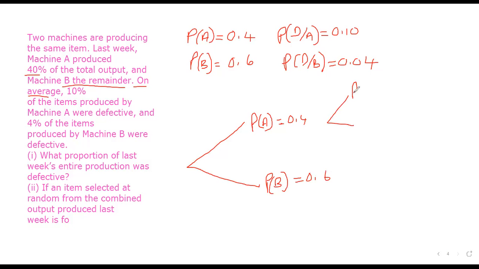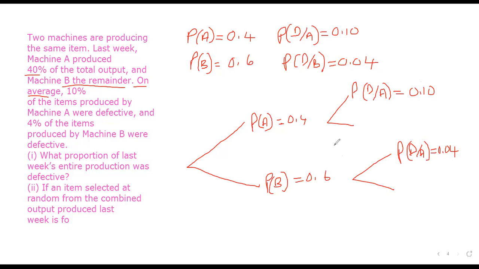Then defective coming from A, 0.10. Then defective coming from B was 0.04. Good. Does this seem familiar from what we were just doing?